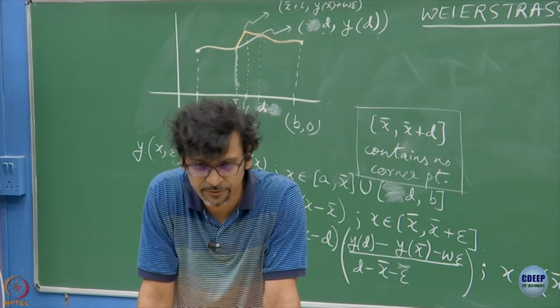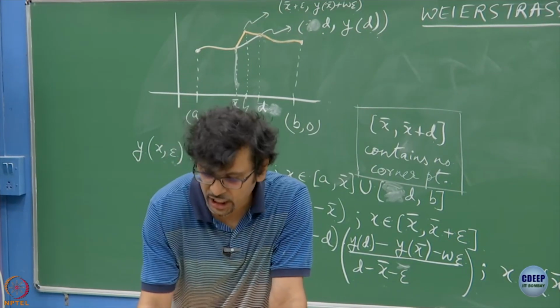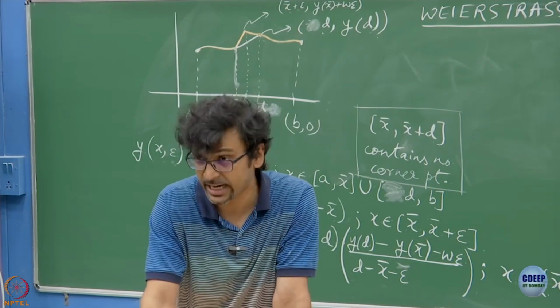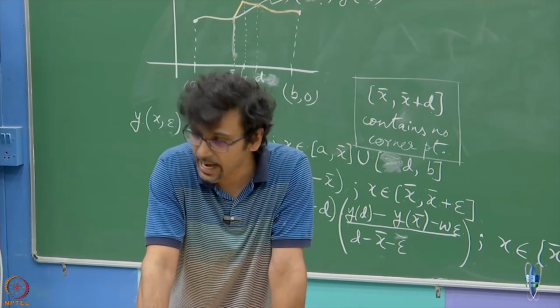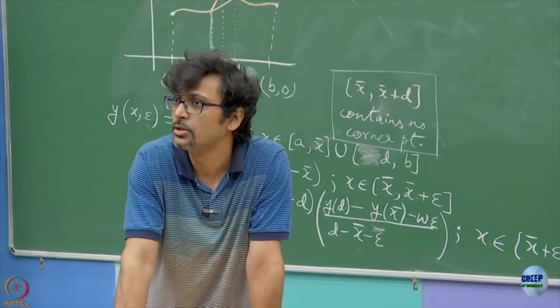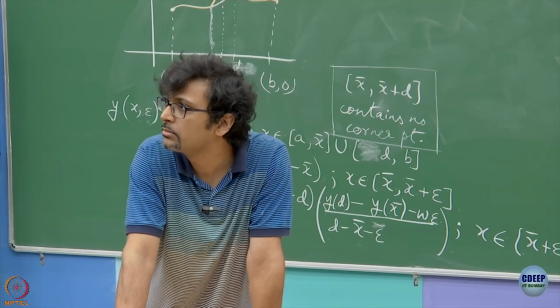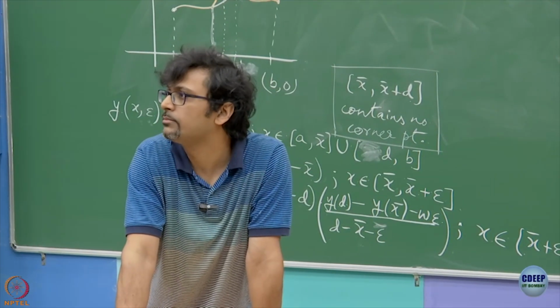So the difference between J evaluated at y of x comma 0 and J evaluated at y of x comma epsilon should be what?